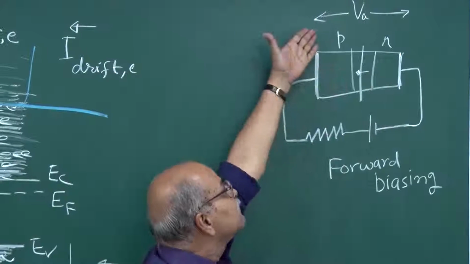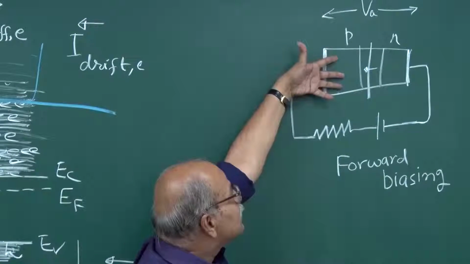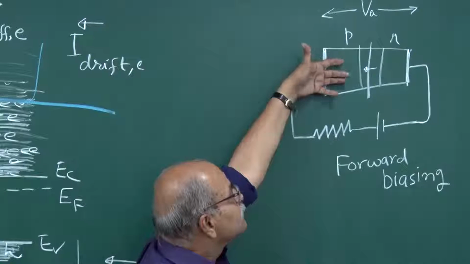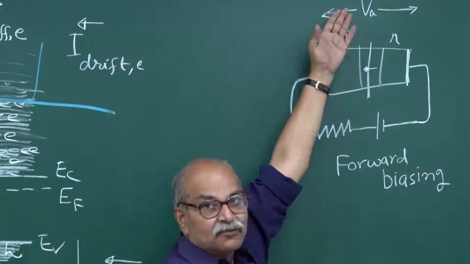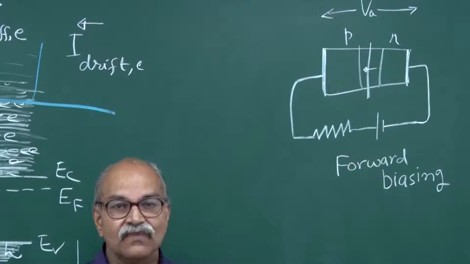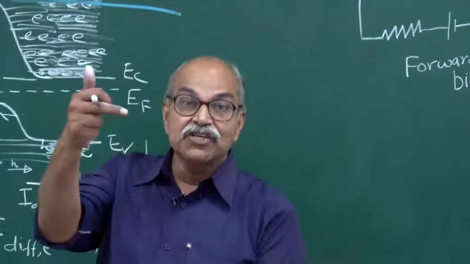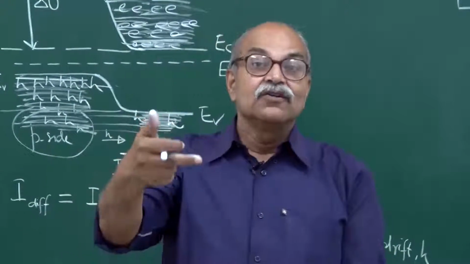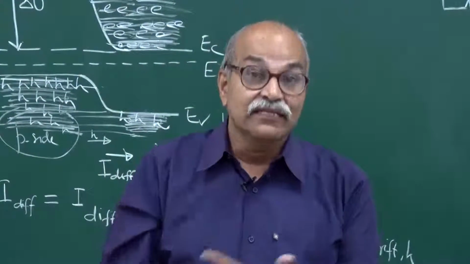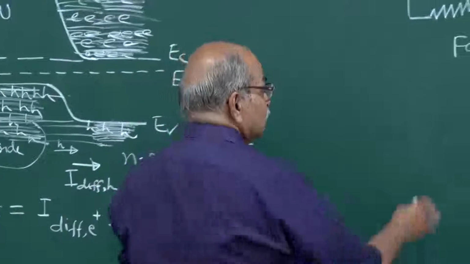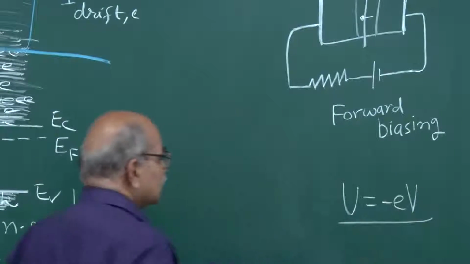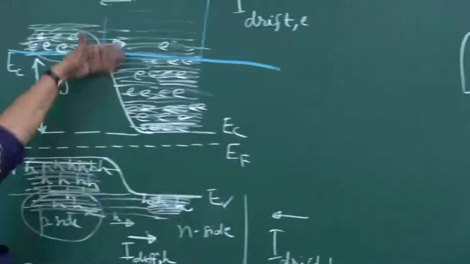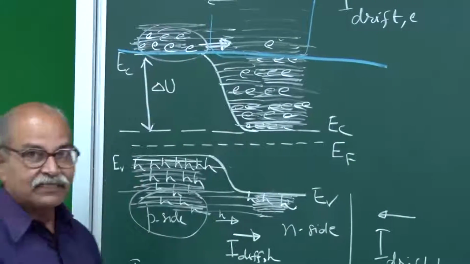On top of that, you are raising the potential of this P side as referred to this N side by this amount VA. And raising the potential means lowering the energy, because U is minus EV. We are talking of electrons, so these are all electron energies.